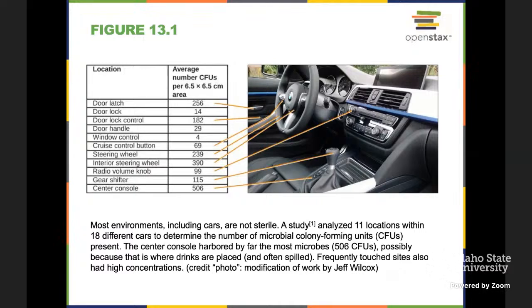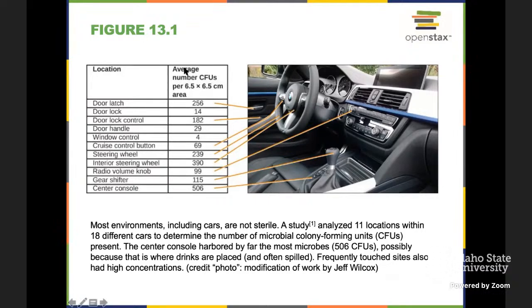There are numerous things that we come in contact with all of the time, driving in our car, touching different components, and we see all of these different touch points where they did some swabbing and basically trying to see, not really what, but how many things are potentially growing there.